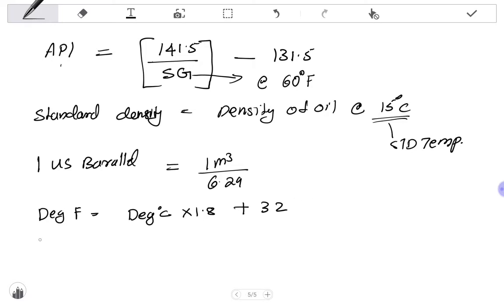For 0 degrees Celsius, the Fahrenheit will be 0 into 1.8 plus 32. 0 into 1.8 is 0, then 32 is the value, that's why 0 degrees is 32 Fahrenheit. In other cases 1.8 is added, so 1 degree Celsius will be 33.8. Like this it goes up.